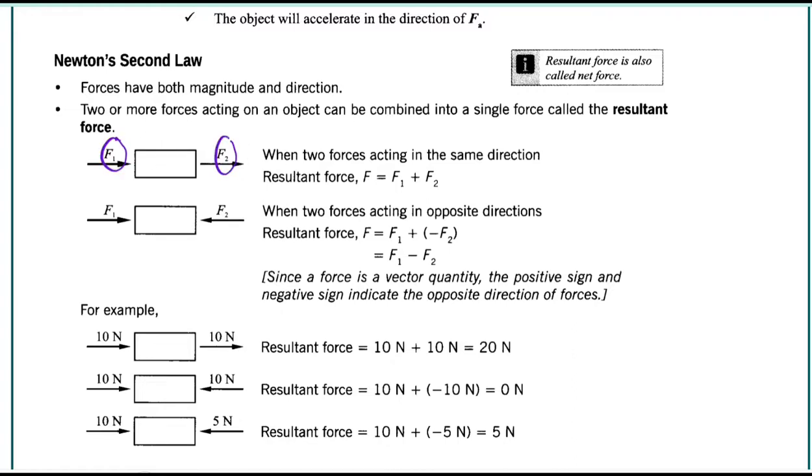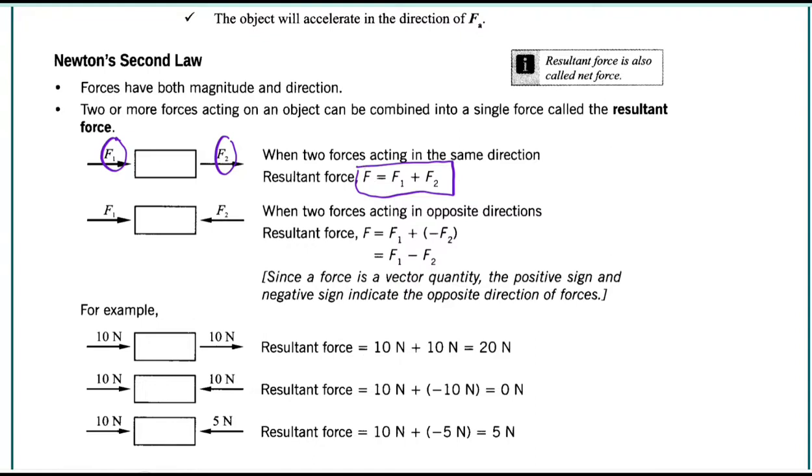So let's say for example we have two forces, F1 and F2. They are both going in the same direction, so they would add up together, and the resultant force here is equal to the addition of those two.